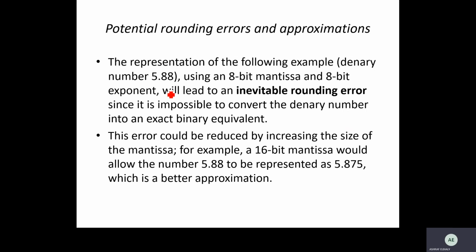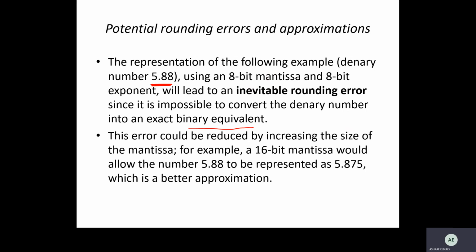If you try to convert that 5.88 into equivalent binary, you will definitely have a rounding error because you will keep rounding ones and 0, 1, 0, 1, 0, until the number of places reserved for the mantissa is fully occupied. It will not find any other space.